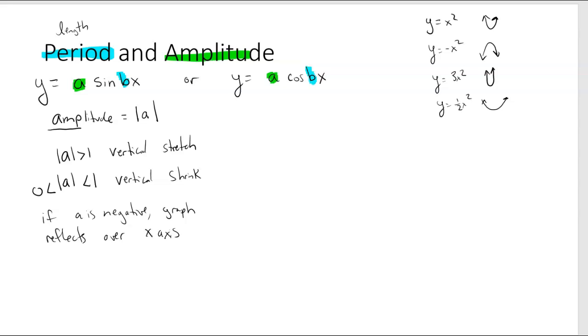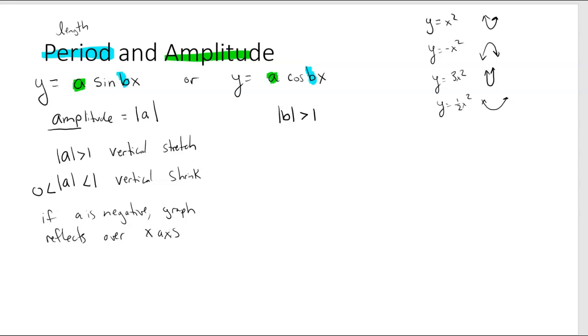Okay, and so for your period, there are 2 things with the B value that are important. The first thing is that we're going to take the absolute value of B again. In this class, our B will always be positive, but in other classes, it could be negative.